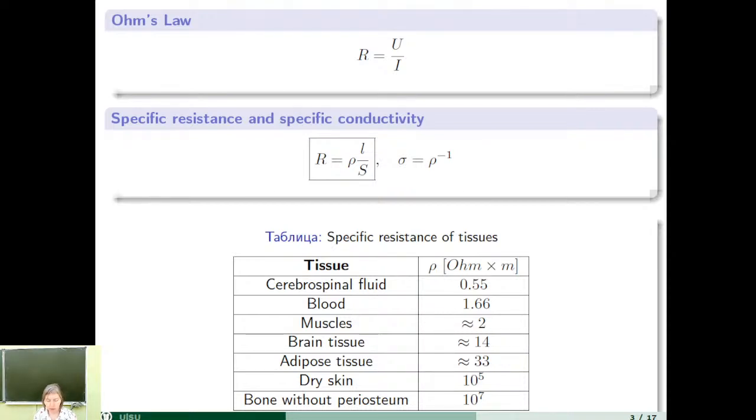And the unit for conductivity is ohm to the power minus 1, or Siemens per meter. And then look at this table.